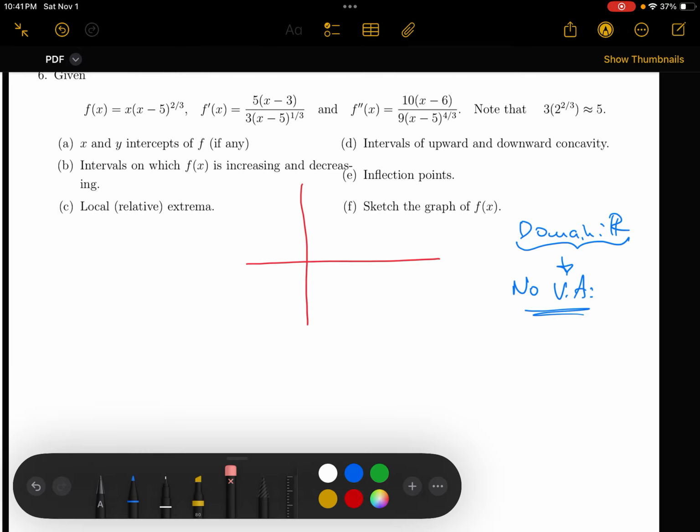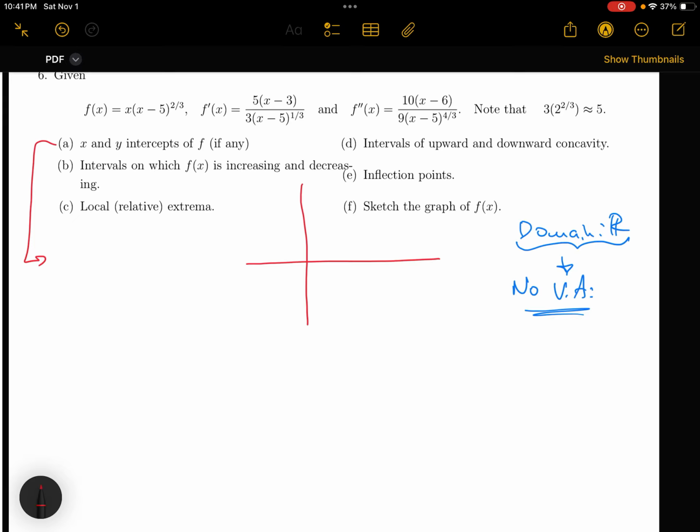So then what are going to be part A? What are going to be x-intercepts? That means put y is equal to 0, x times x minus 5 to power 2/3 is equal to 0. The way the problem is given to you, you can easily see that the product between these two factors is 0 when either one of them is 0, either x is 0 or x is equal to 5.